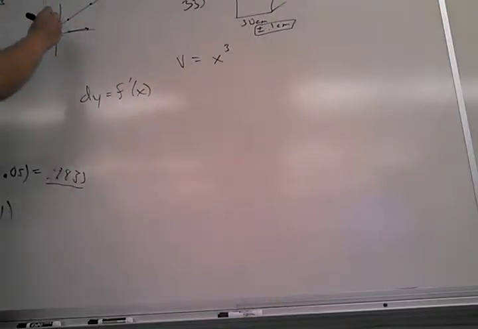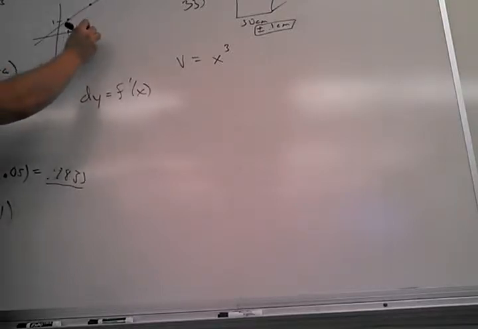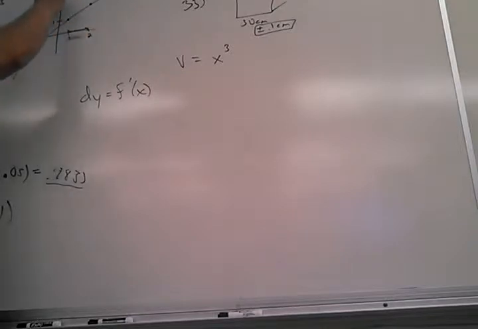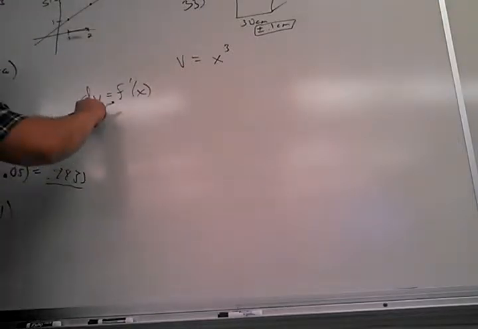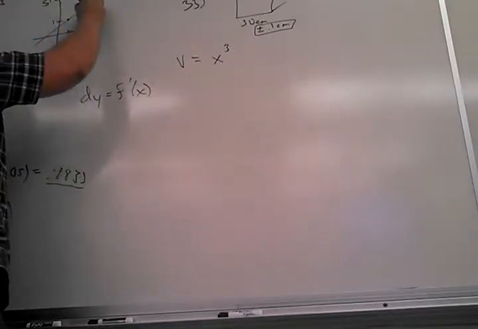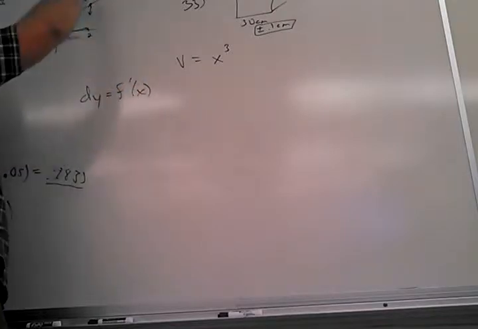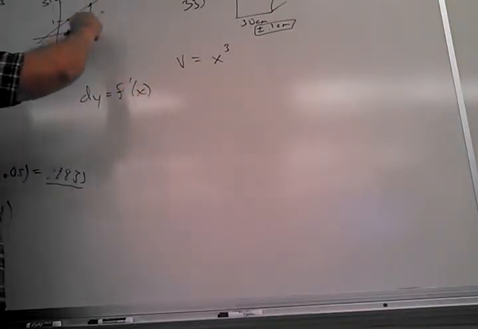So at 1 it's 1, and I want to know at 2 what it's going to be, and I'll tell you the slope is 3. Can you figure that out? How much is it going to change by? It's going to change by 3. It's kind of silly. So the dy, the amount that this changes by, is going to be equal to f prime times dx.